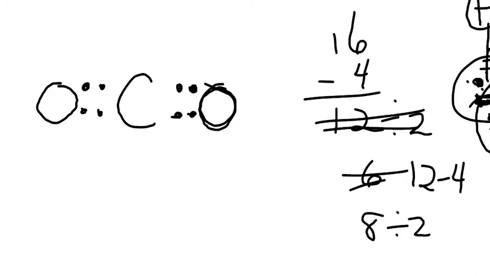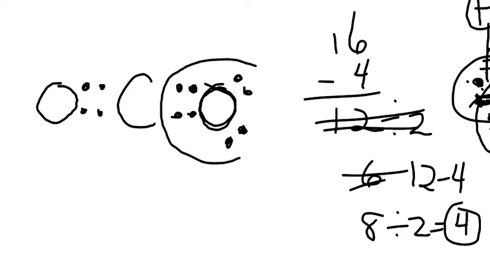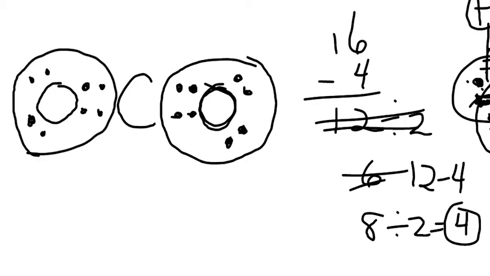If I divide that by 2, I can give each oxygen 4 electrons. 1, 2, 3, 4. And by doing it that way, oxygen still has access to 8 valence electrons. It gets to keep 4 for itself, and the other 4 are shared. The same goes for the oxygen over here.